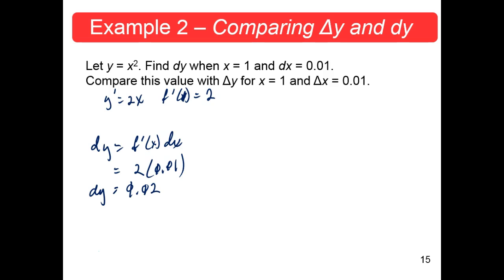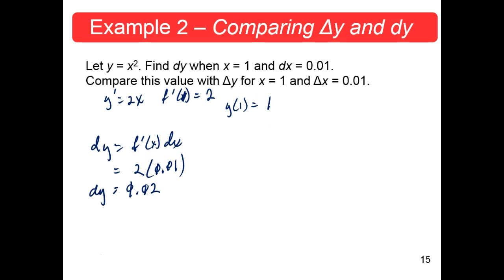Okay? Now, it says compare that value with the delta y for x equal 1 and delta x equal 0.01. Well, what they want you to do there is think of it this way. Think of y of 1 or f of 1, whichever way you want to think of it. What would that be? 1. 1 squared is 1. Okay?